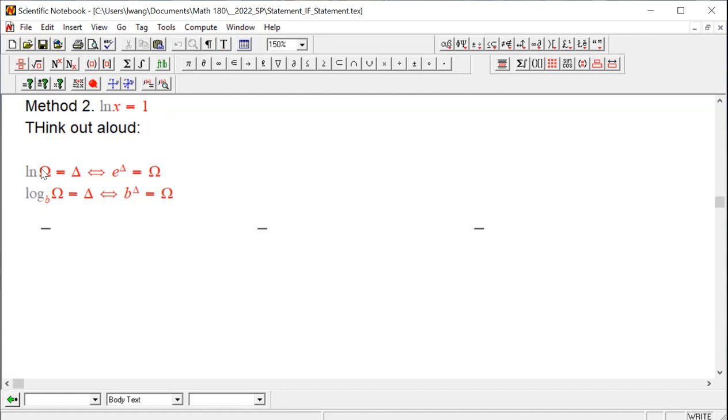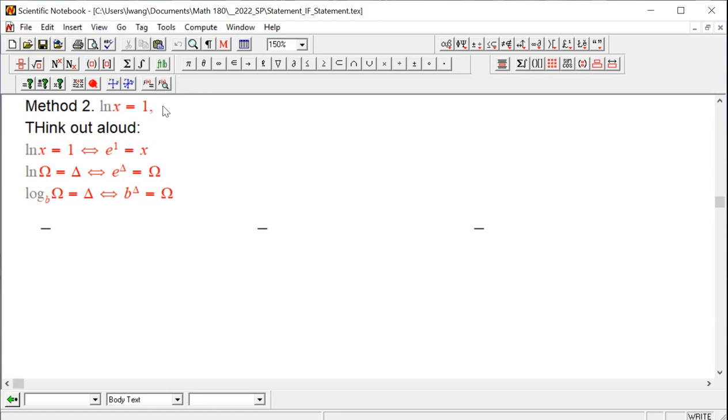In this particular case, we have ln x equals 1. And when we have the definition here, let's find the correspondence. So omega is x, triangle is 1. There you go, x is e, because e to the power 1 is e.